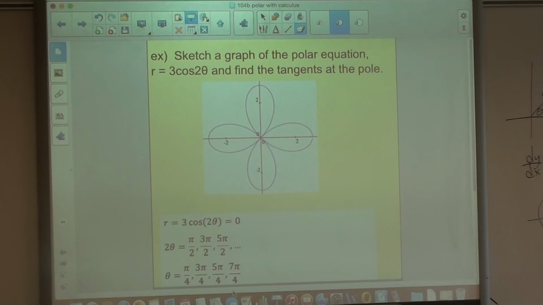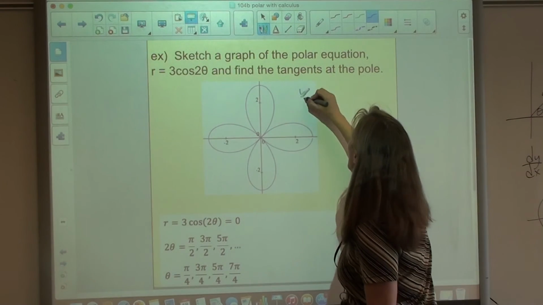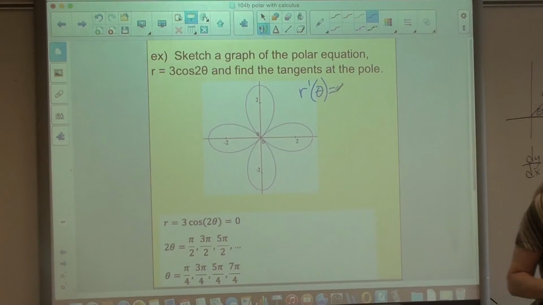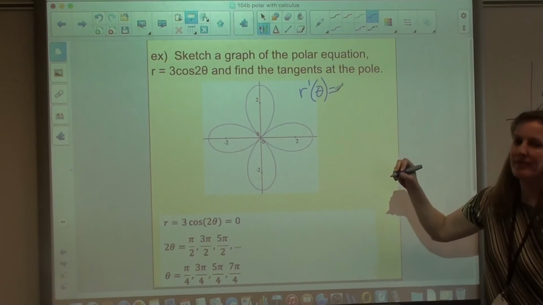So everyone take a second and find r prime of theta. Not at the angles, at literally the equation. Negative 6 sine theta.